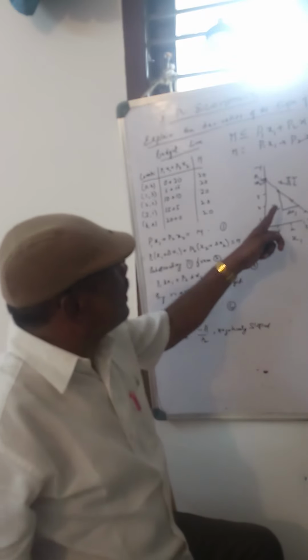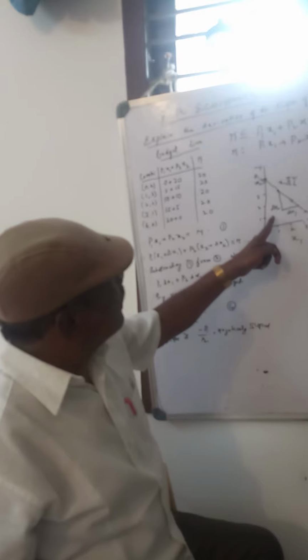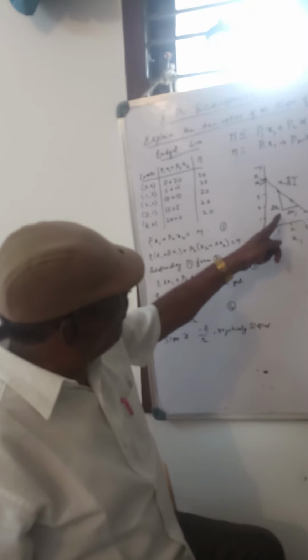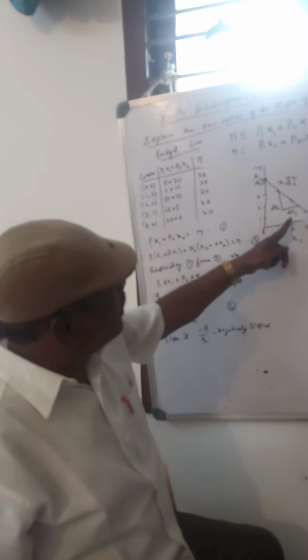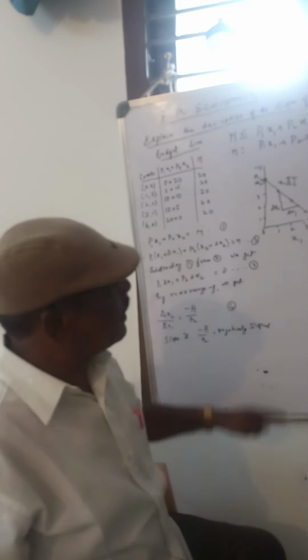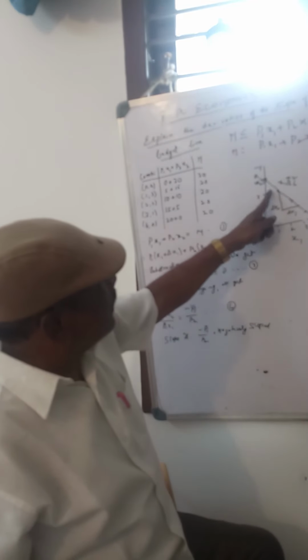It means here, to have more of delta x2, that is to have more of x2, you will have to sacrifice x1. That is why the budget line slopes downwards.